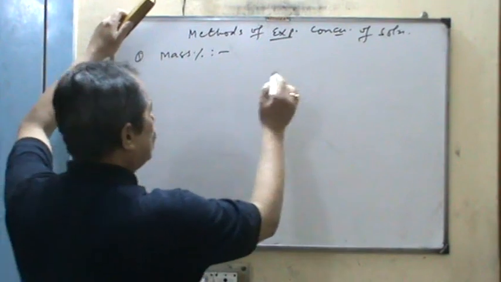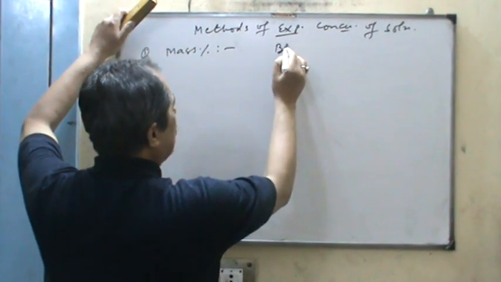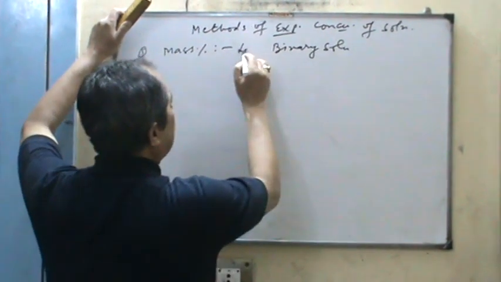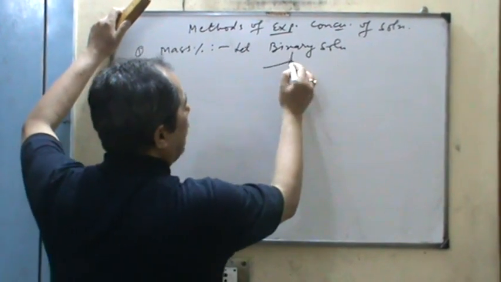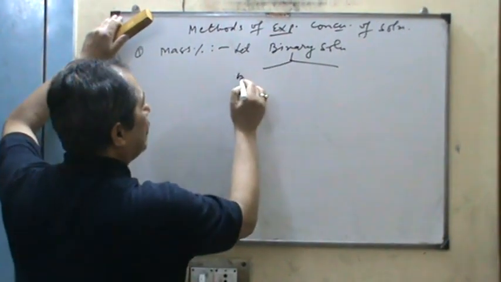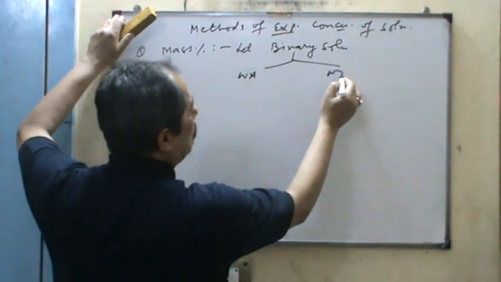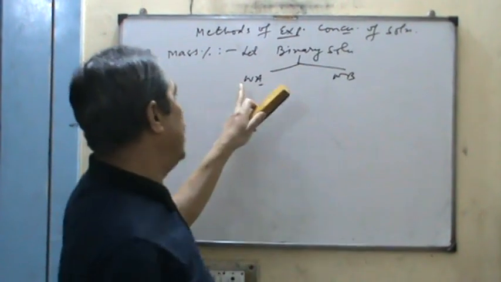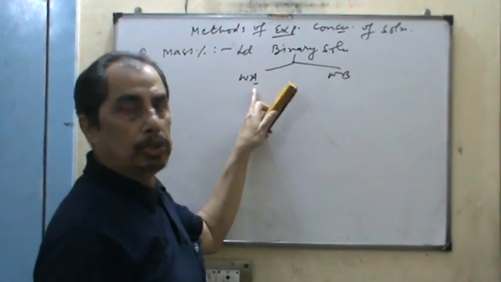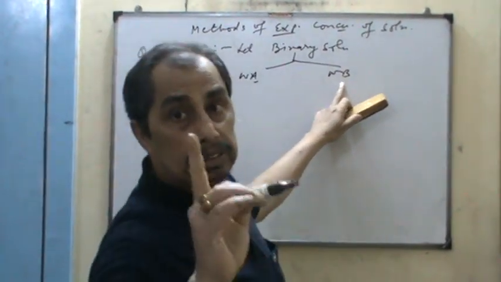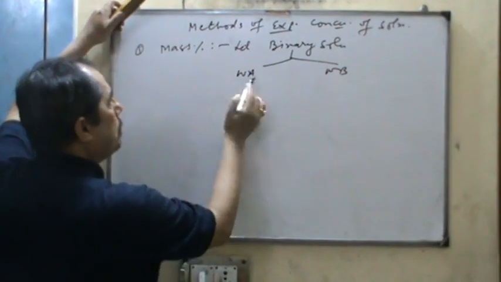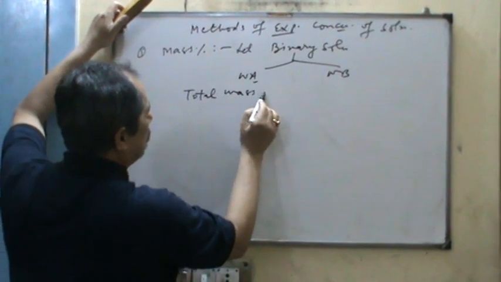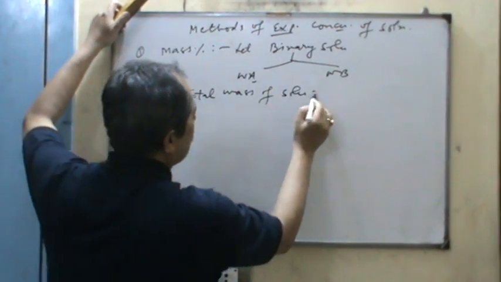So what is mass percentage actually? You take a binary solution. Binary solution means two components should be there. In that binary solution, let WA and WB, where A is the solute and B is the solvent. Let WA be the mass of solute and WB the mass of solvent. So tell me, anybody, what is the total mass of solution here?